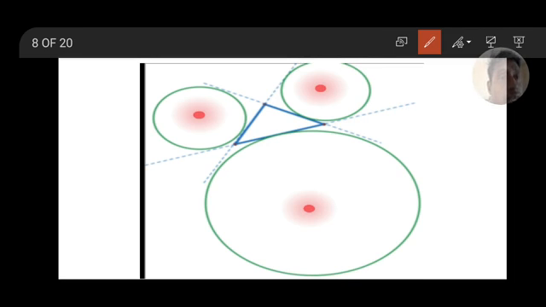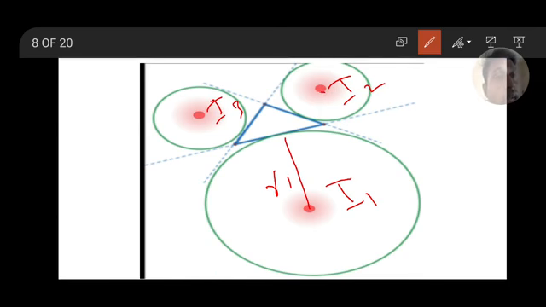These 3 circles are called excircles and their centers are I1, I2, I3, with radii small r1, small r2, small r3.